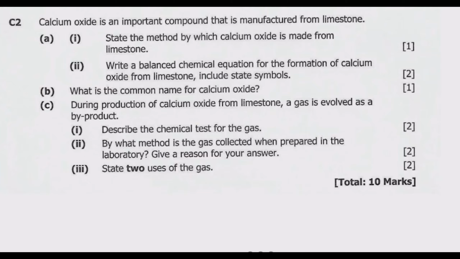Question C2 reads: calcium oxide is an important compound that is manufactured from limestone. Question A, Roman numeral 1: state the method by which calcium oxide is made from limestone. The method is through the process known as thermal decomposition.